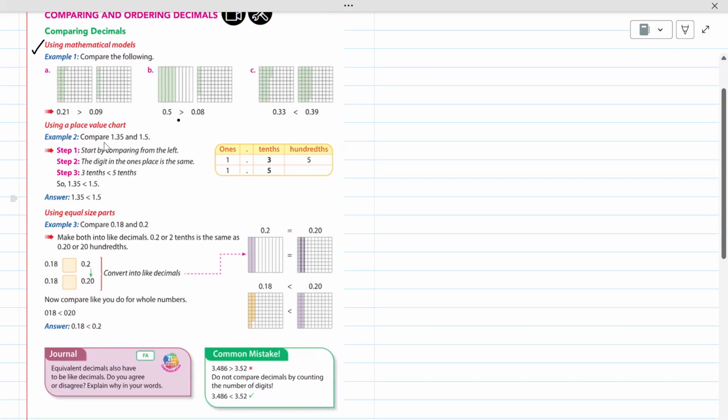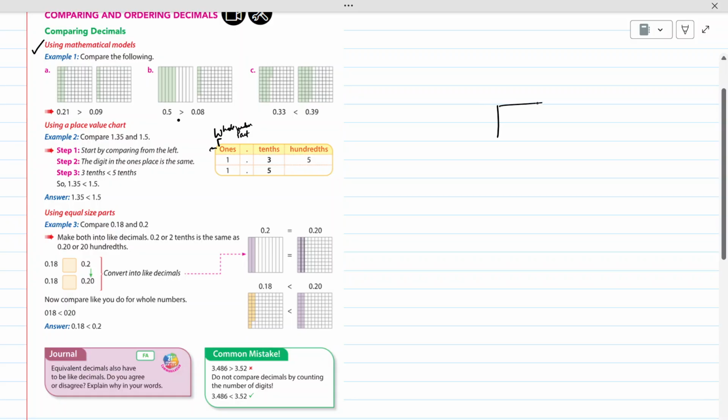The second one is using a place value chart, where we can write the ones, that is the whole numbers. I'm just writing this ones as the whole number part. It can be ones, tens, hundreds, and so on, but they have written ones here. Then we have a decimal point, after that tenths and hundredths. So we can make a chart like this.